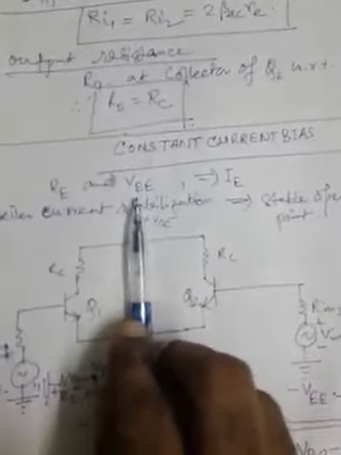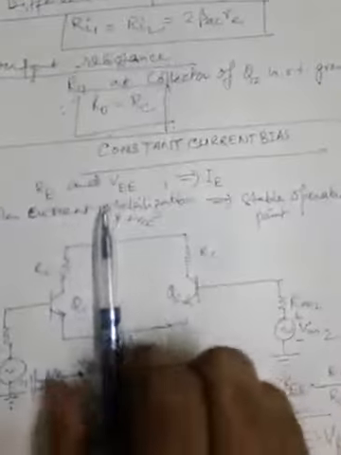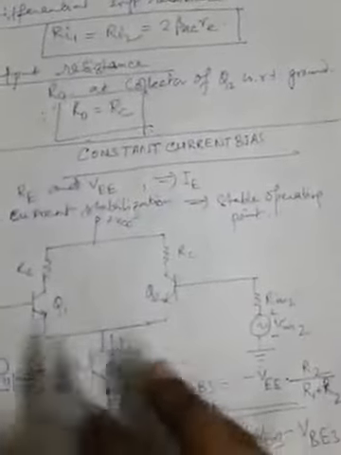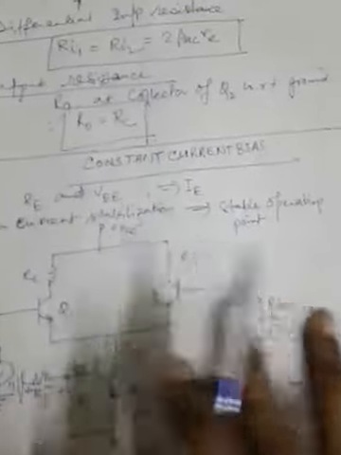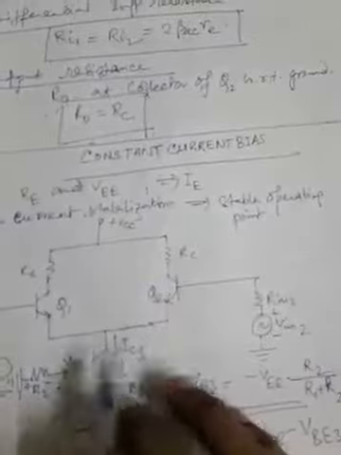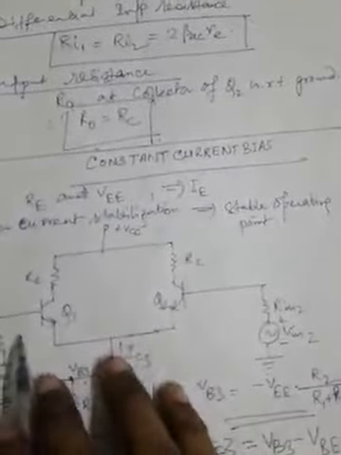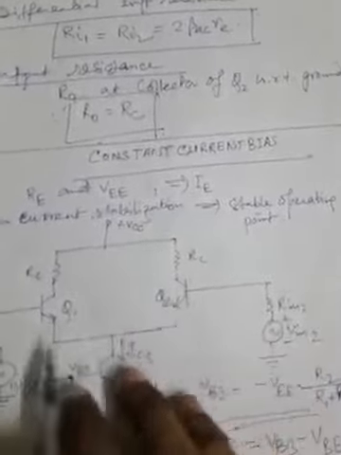So if we once again have a closer look at this IC3, and if we put a mirror along this direction, the left half will be symmetrical to the right half. That means this IC3 will be equally divided, because the Q1 side and Q2 side are well matched in all respects. So IC3 will be equally divided between Q1 and Q2.